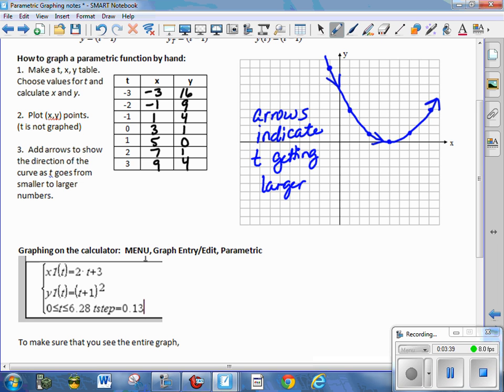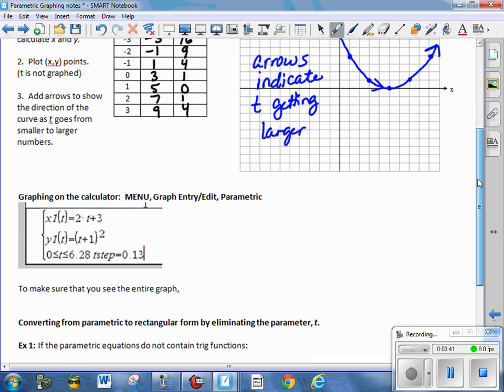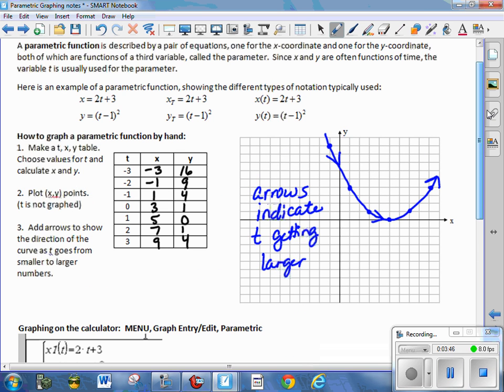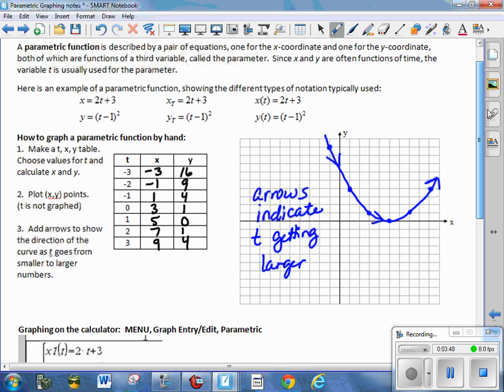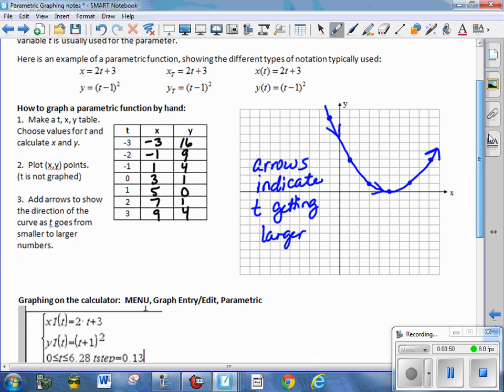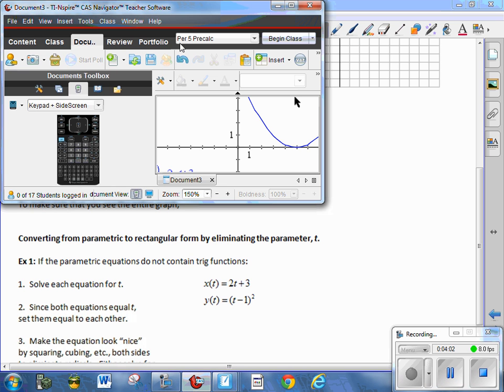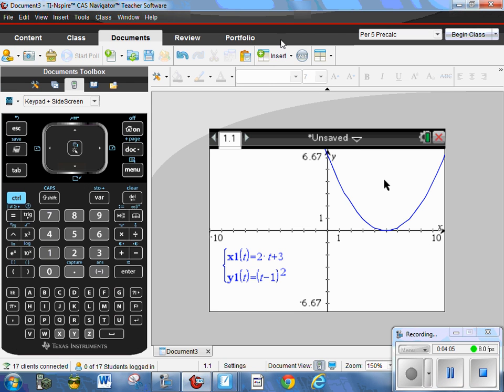Okay. Now, graphing on the calculator. I did make a little mistake in this graphic down here. I meant to graph x equals 2t plus 3, and y equals t minus 1 squared, but I accidentally wrote t plus 1 squared here, so this should say t minus 1 squared. On your calculator, let me open up my calculator. I'm going to start a new graphing page.